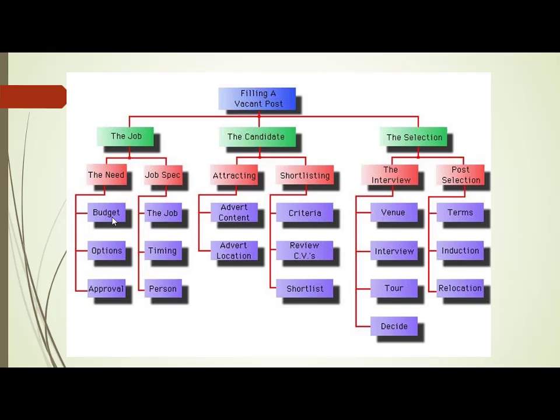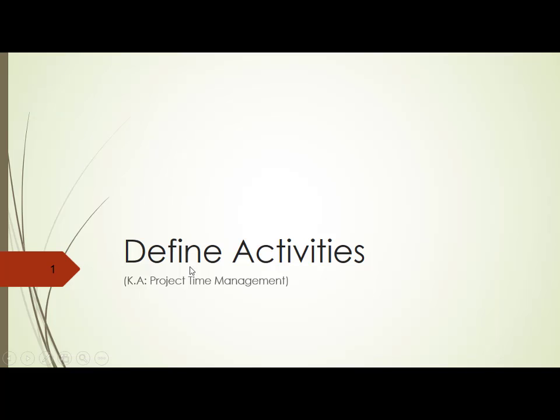Okay. Similarly, we also have the work package called the job, work package called the timing, work package called the person. So for all these work packages, we have to identify the activities. So identification of the activities of a particular work package is called define activities.